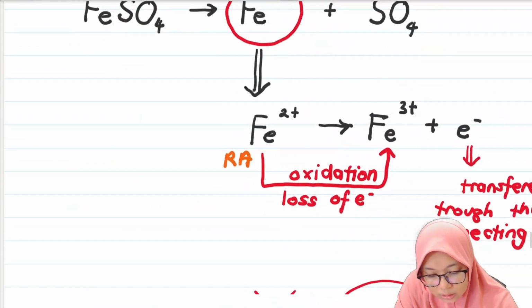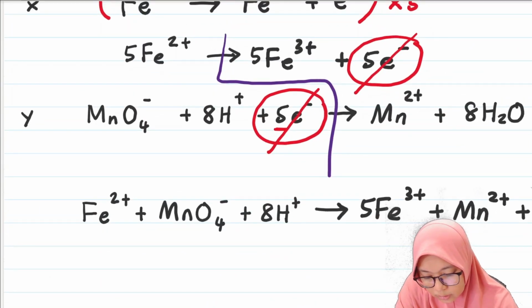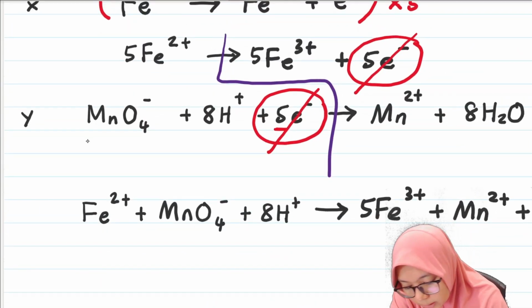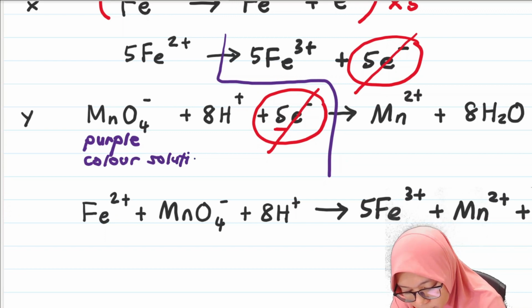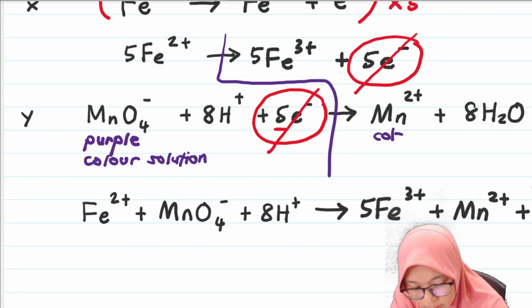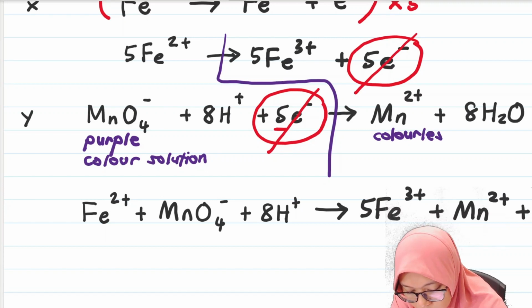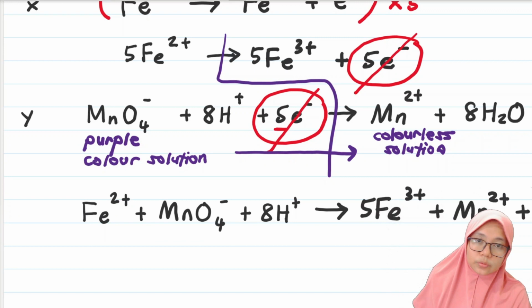Why? Because the manganate ion is a purple solution, but manganese 2 plus ion is colorless. So it will change from purple solution to colorless solution.